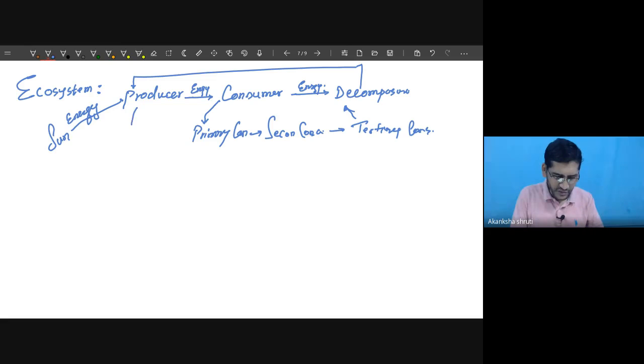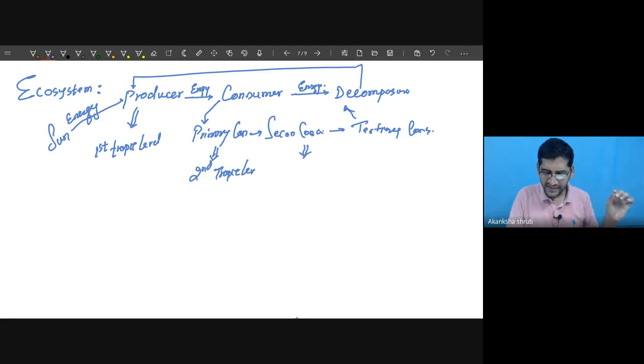The producer in pyramidal form is put as the first trophic level, the primary consumer as the second trophic level, this is the third trophic level, this is the fourth trophic level.